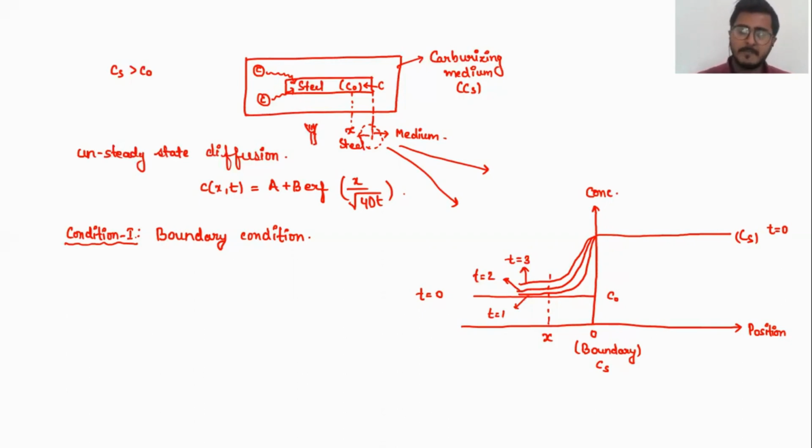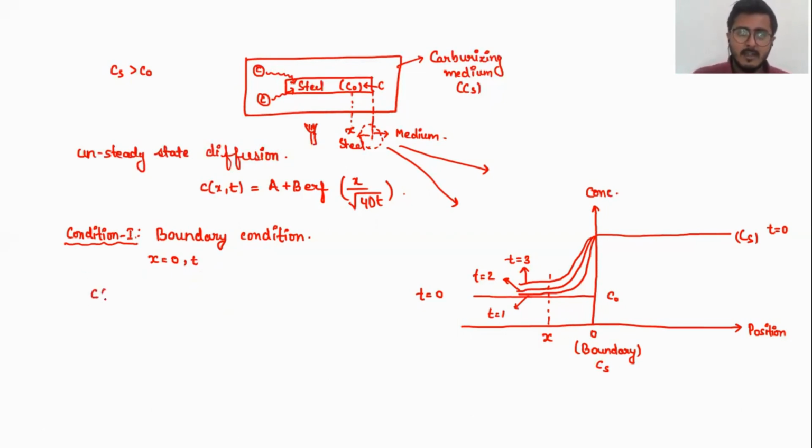As we know, this is my boundary condition, and for my boundary, the concentration remains constant as my CS. So in your boundary condition, the initial thing you need to understand is that X is equal to 0. That is the definition of the boundary, at a time T. So let us see what I'm going to obtain if I put this condition in my solution.